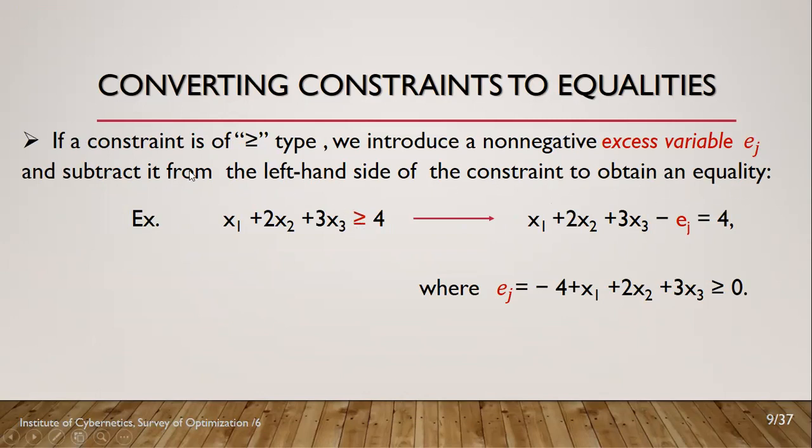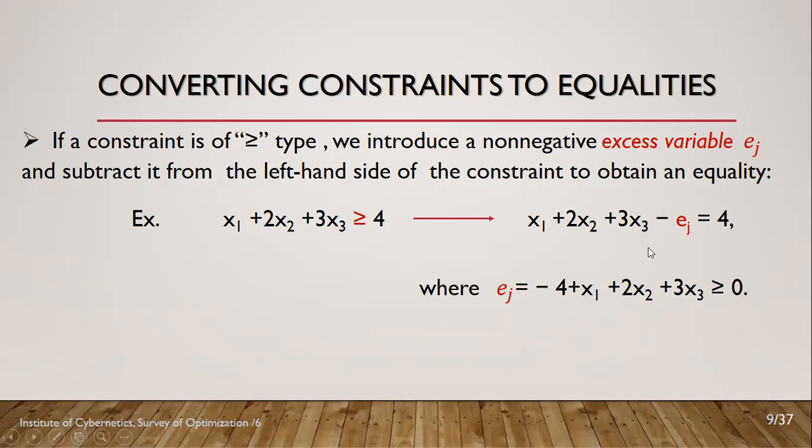Here is the greater than or equal relationship, so we subtract the excess variable E sub j. The excess variable can be introduced as the difference between the left and right parts of the equation.